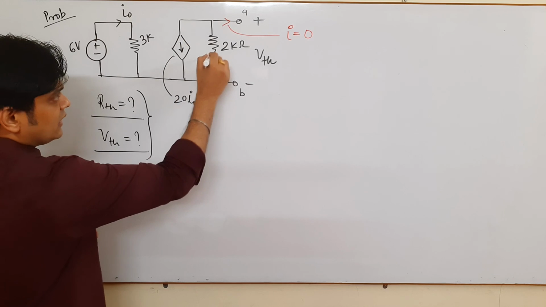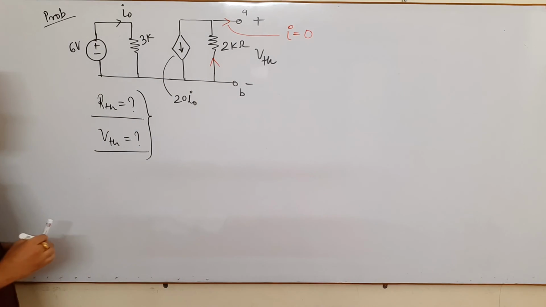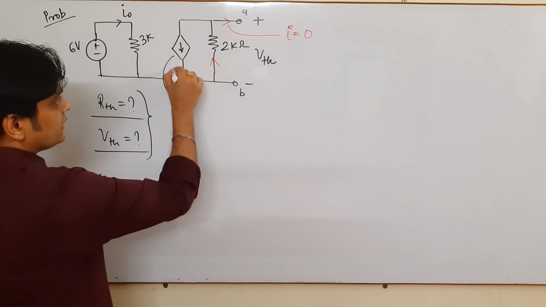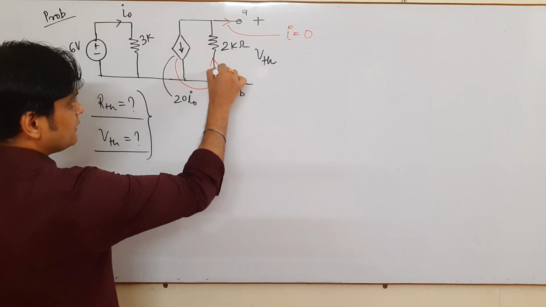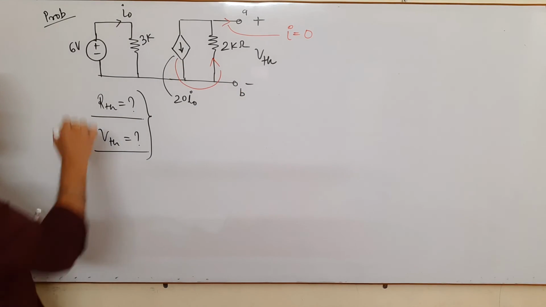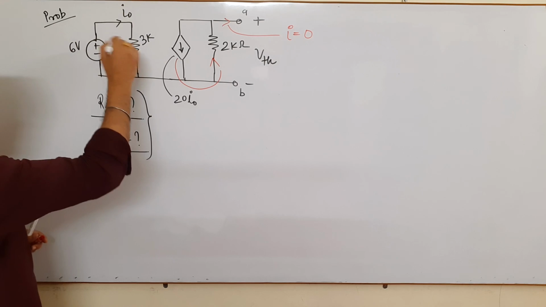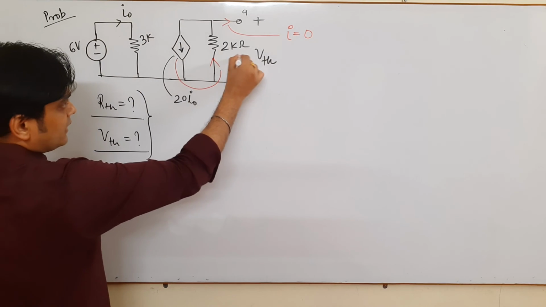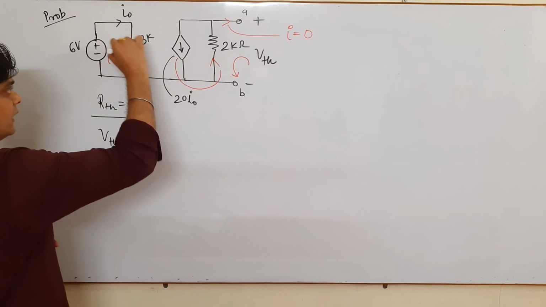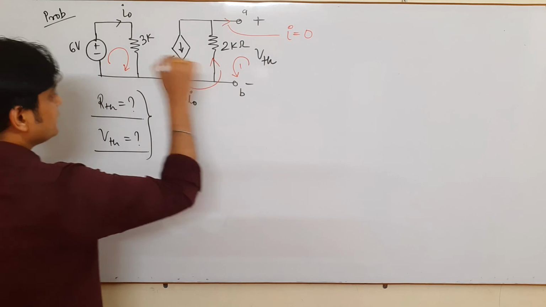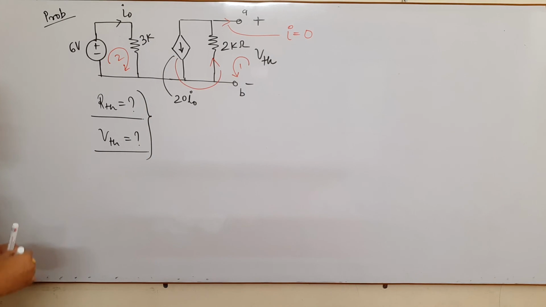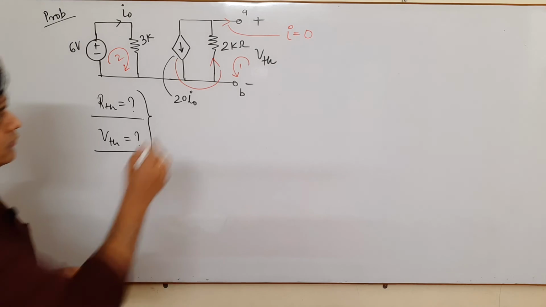So this 20 I naught current will simply flow in this manner, and here is the I naught which is flowing. By applying KVL here and here, say it is 1, it is 2, one can easily find the answer.